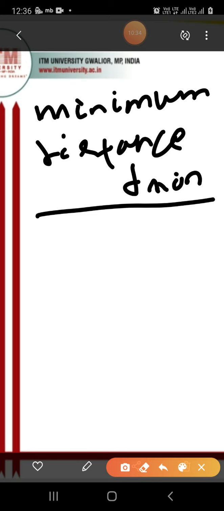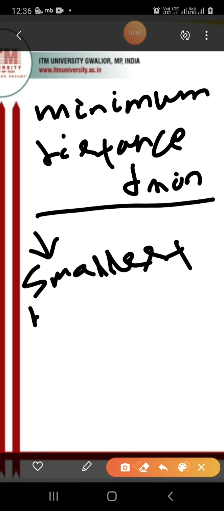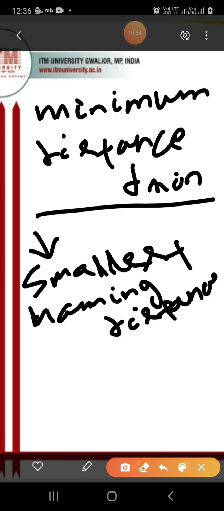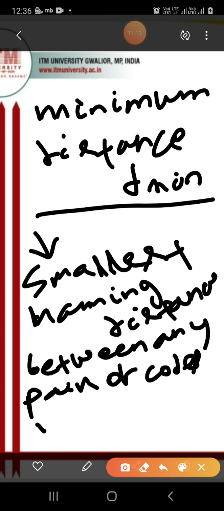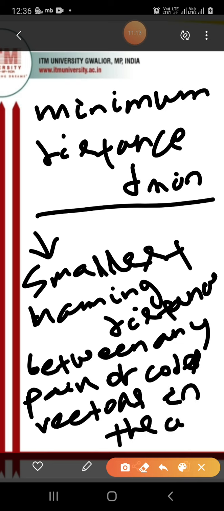The minimum distance d min of a linear block code is defined as the smallest Hamming distance between any pair of code vectors in the code. Clear?